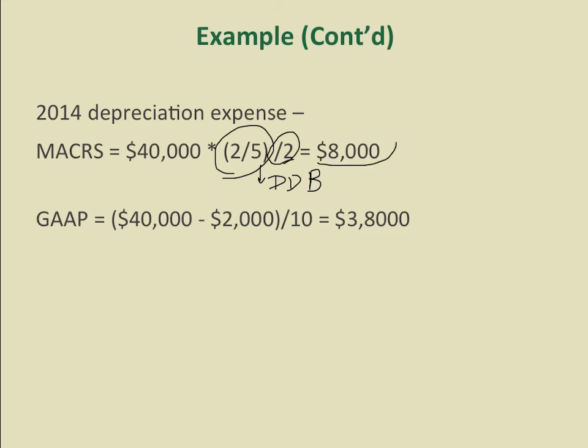So in the first year, under the tax, the depreciation expense is $8,000. Under the GAAP, since we're using the straight line method, depreciation expense equals your acquisition cost minus salvage value divided by 10 years of the estimated useful life. Every year, we're going to depreciate $3,800.